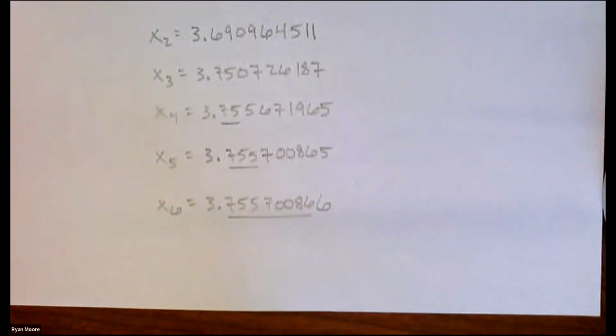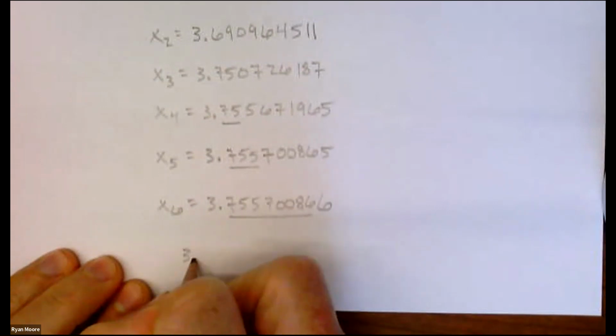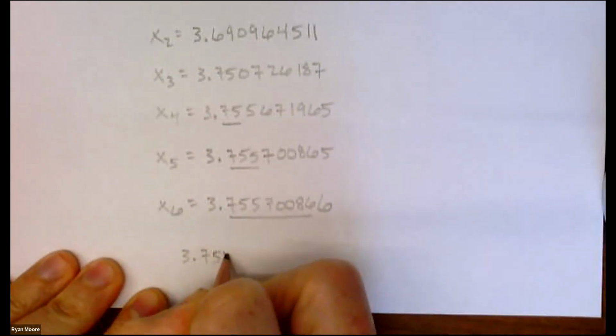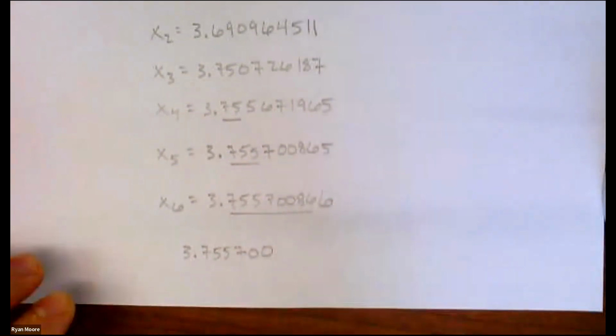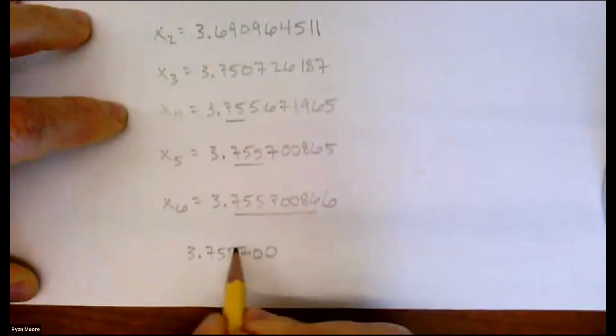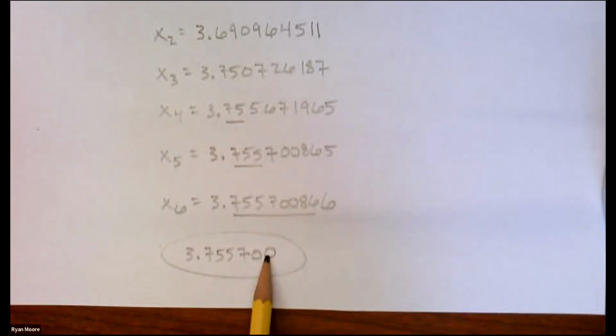And so we know one of these solutions is going to be at, if we just take the first 6, 3.755700 are the first 6 decimal places of that solution. Now you might think, hey, that last place, shouldn't we round it up because of the 8? You could.